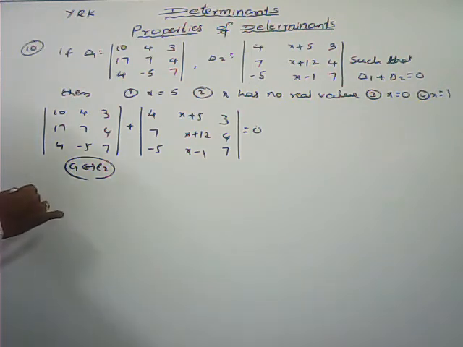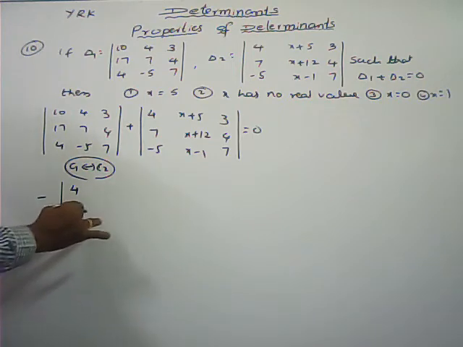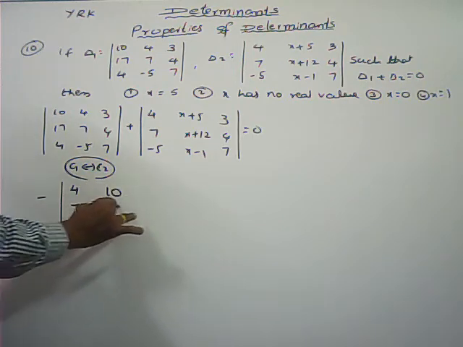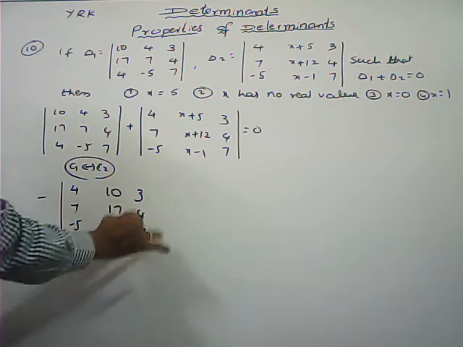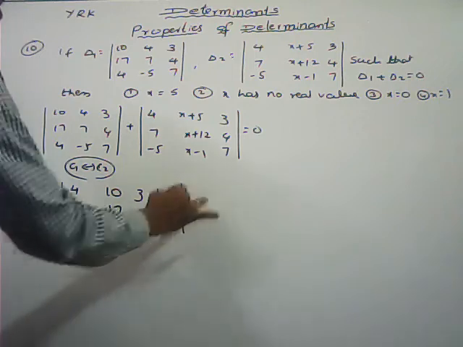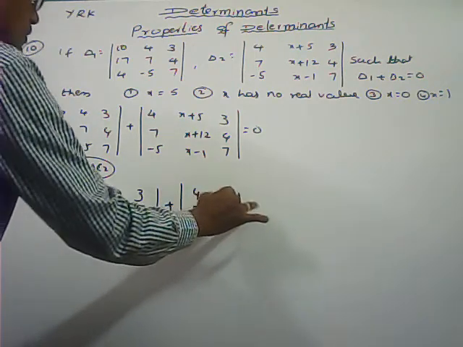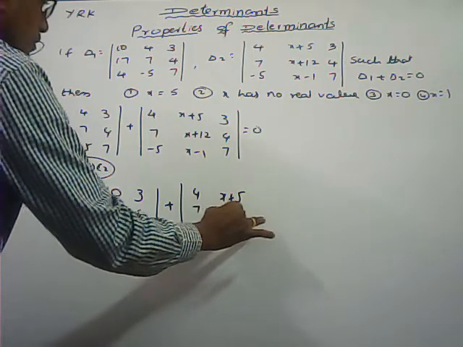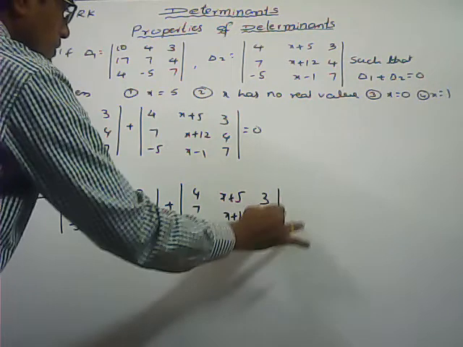So negative of the determinant 4 7 minus 5, 10 17 4, 3 4 7, plus this one, is equal to 0.